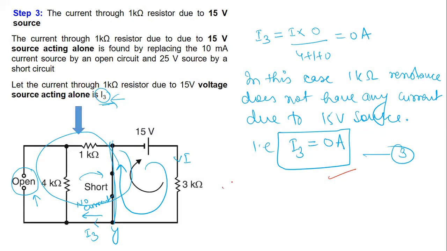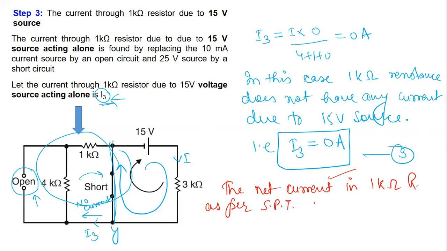So we will write here the net current in the 1 kilo ohm resistance, as per the superposition theorem, is the algebraic sum of I1, I2 and I3.